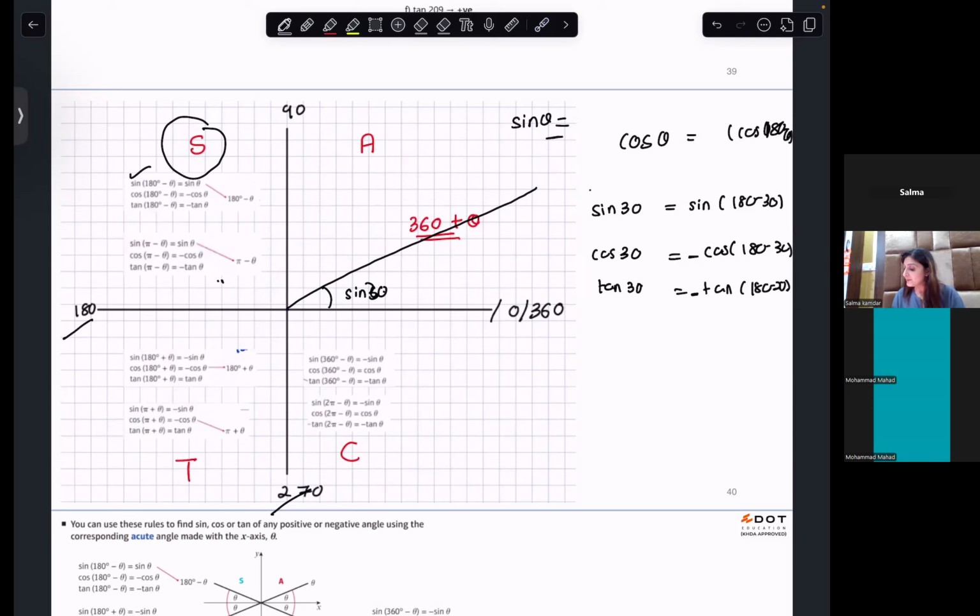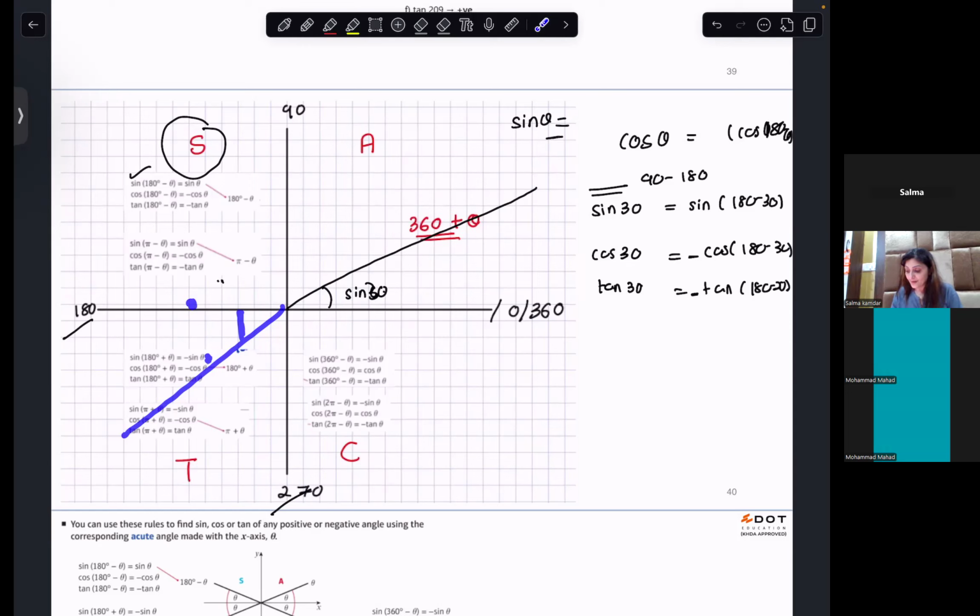So if I want an equivalent angle between 90 and 180, sine 30 would be sine of 180 minus 30, positive. Cos 150 will be minus cos 30, and tan 150 will be minus tan 30.